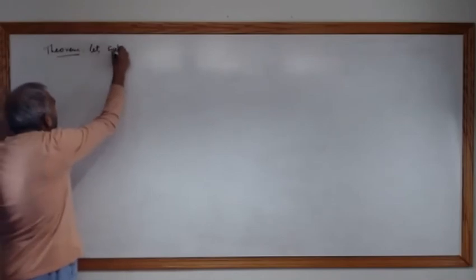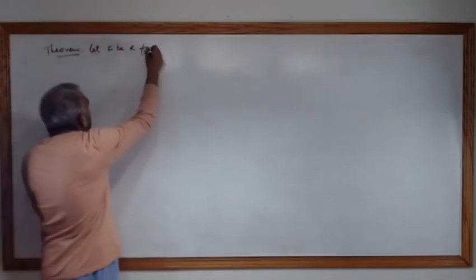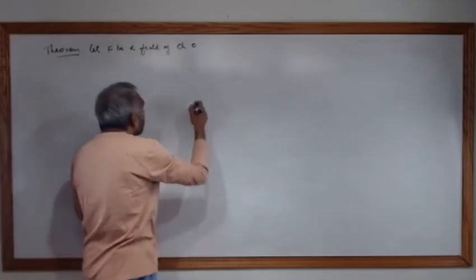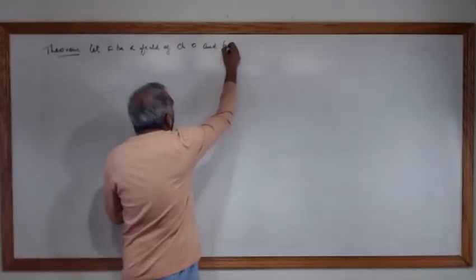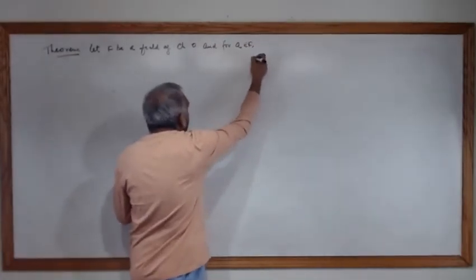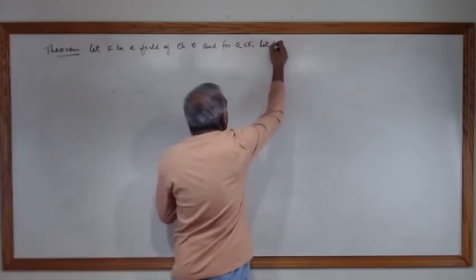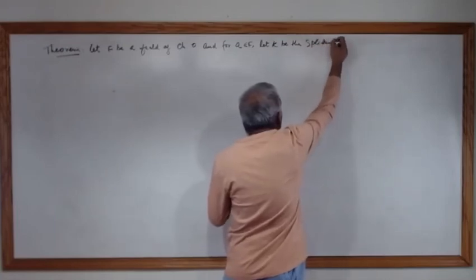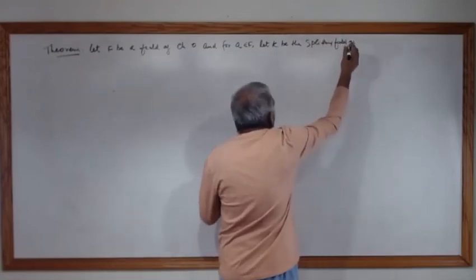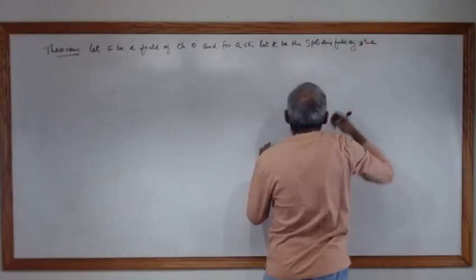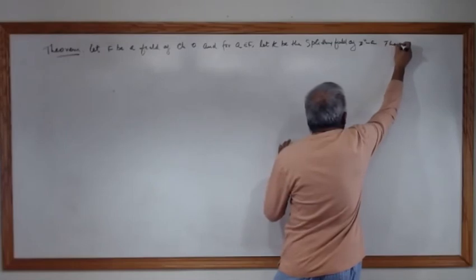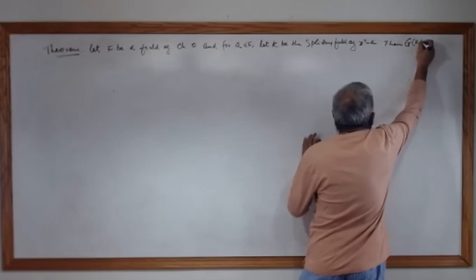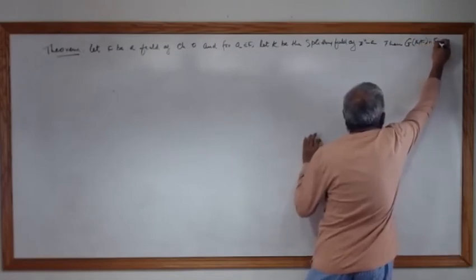Let F be a field of characteristic 0, and for an element a in F, let K be the splitting field of x to the power of n minus a. Then the Galois group of K over F is solvable.